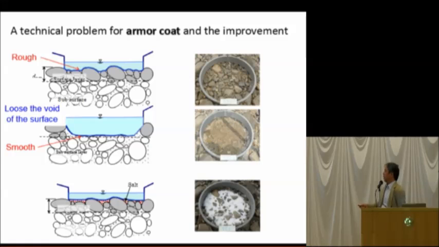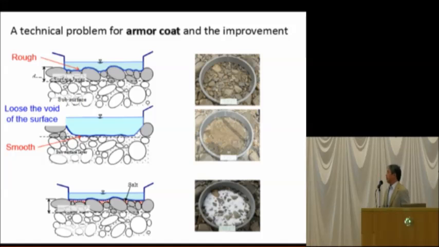Looking at these two situations, the boundary profile is very different. So if we use the standard water replacement method, maybe we lose this void of the surface. This void we lose. So to improve this method, we use salt like this. We put the salt on the surface to improve this method.